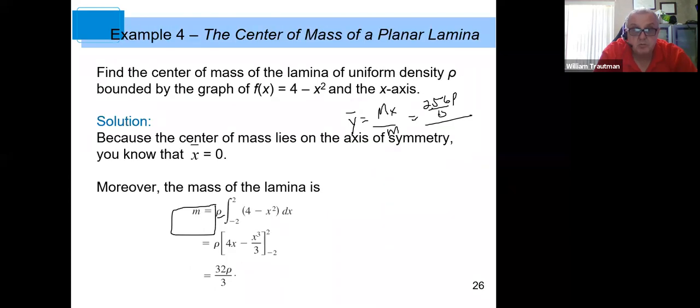Oh, there it is right there, 32 density over 3.